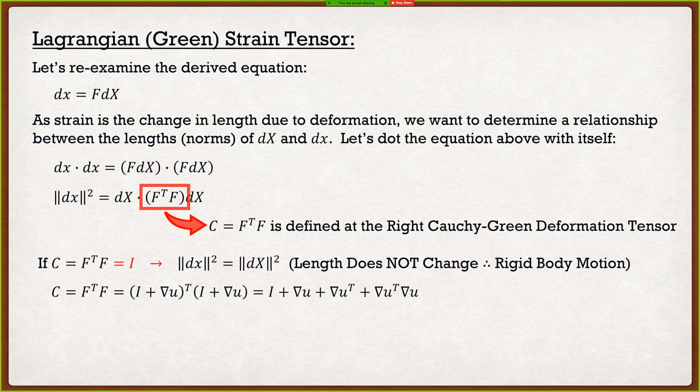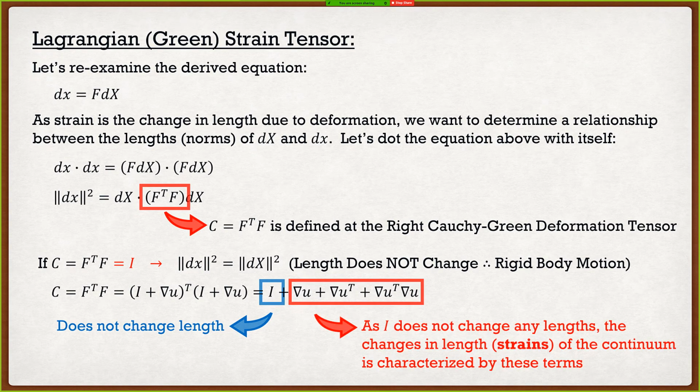The reason I showed you the statement above is that the I in that equation has to do with rigid body motion. So if we get C equal to I, we have rigid body motion. Therefore, if we have rigid body motion, all of those other terms have to be zero. Now, when we start dealing with displacements and strains, those terms will not be equal to zero.